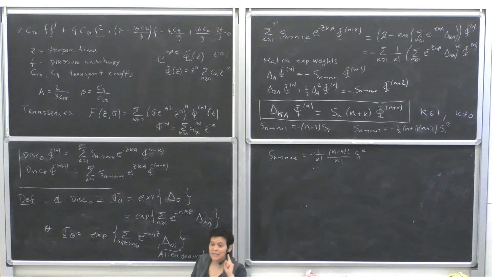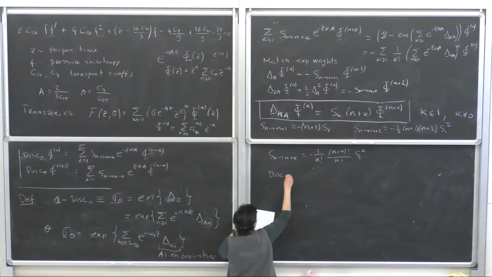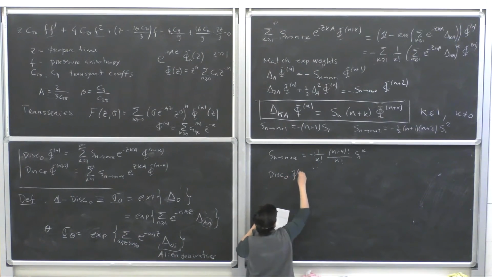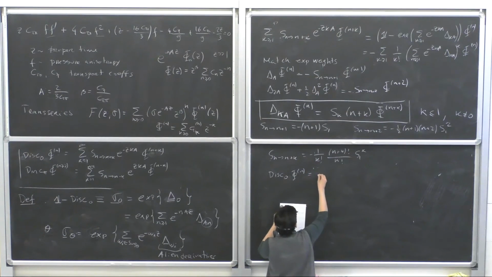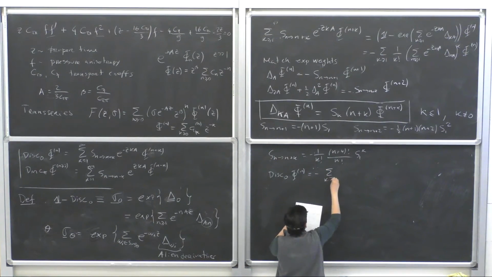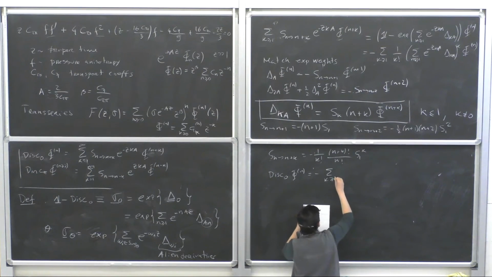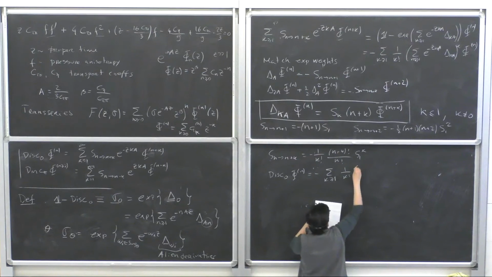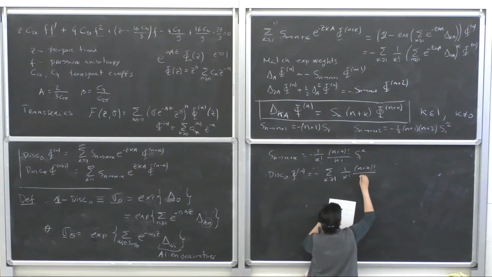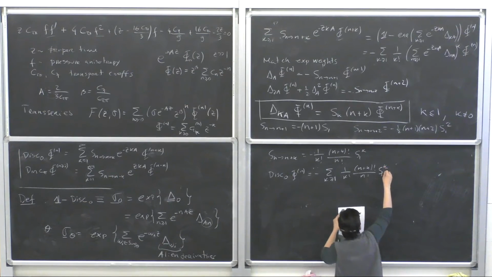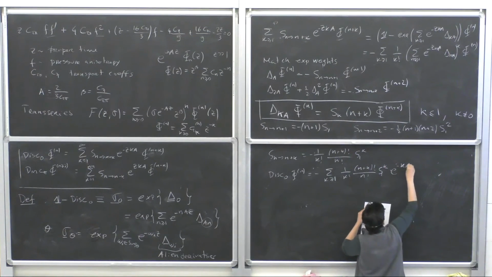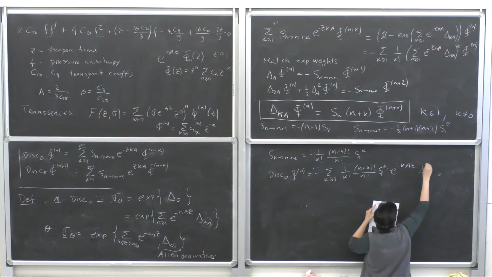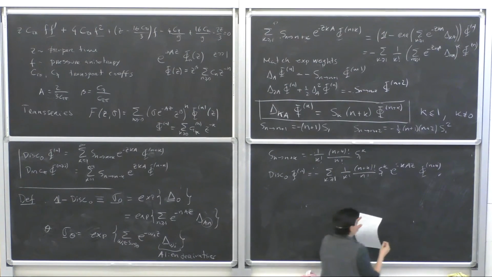It depends on a single Stokes constant. They're all related. They're all highly constrained. And in particular, if you write that, the discontinuity across the zero of any sector phi n is going to be minus the sum over k greater or equal than 1 of 1 over k factorial, n plus k factorial divided by n factorial, S1 to the k, e to the minus k A z, phi n plus k of z.